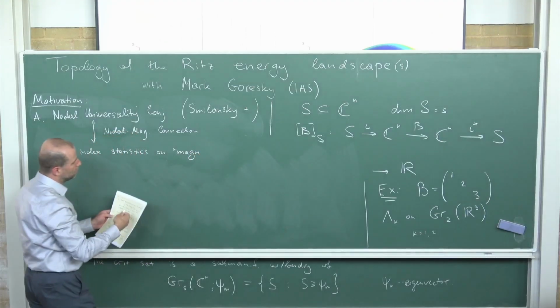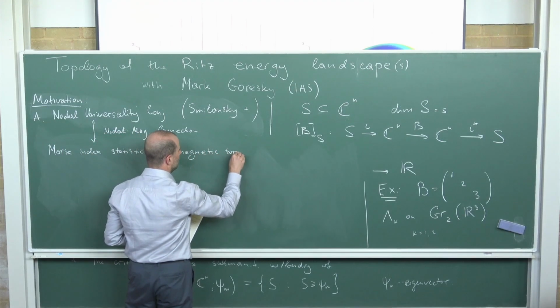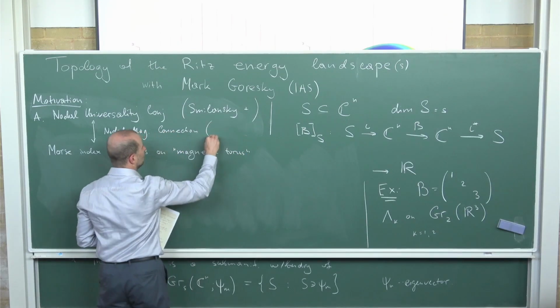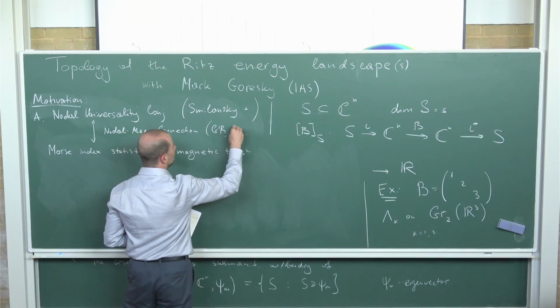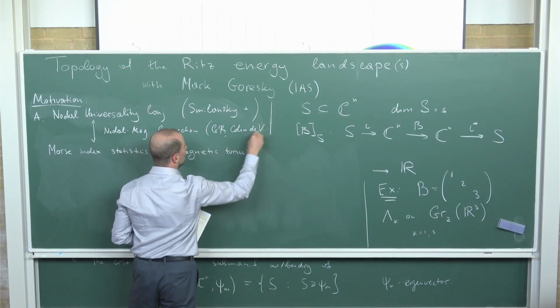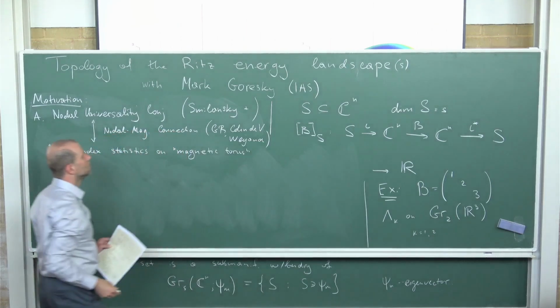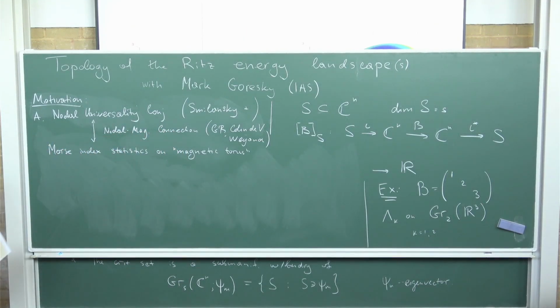In a graph, you introduce all possible magnetic fields. And this is due to myself, Yves Colin de Verdière, and Tracy Weyand, in several papers.